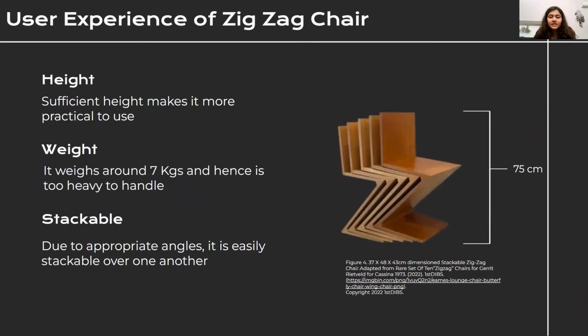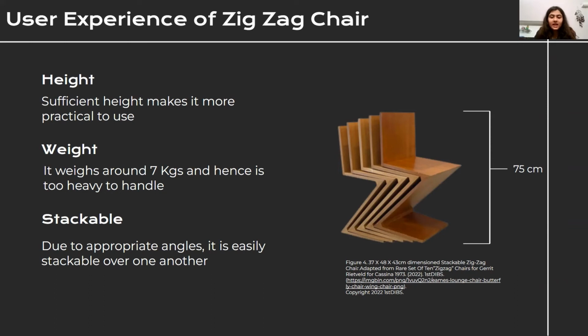Although the Zigzag chair is sturdy due to its fixed and stiff profile, its posture makes it comfortable to sit. The sufficient height of the chair makes it practical and ergonomic for the user. The chair weighs around 7 kgs due to the use of solid wood and hence it is too heavy to handle.